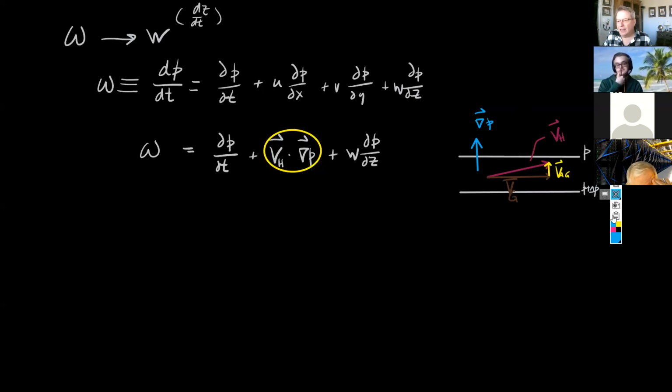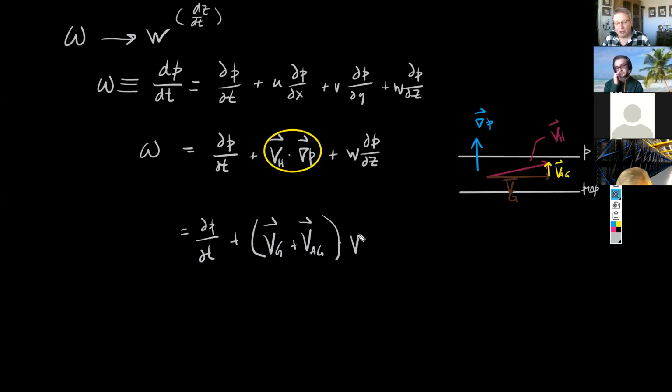So what I'm going to say here is that this is going to be equal to this equation: the tendency, plus now the geostrophic wind plus the ageostrophic wind, times the pressure gradient, plus W dP/dz. Does that make sense?